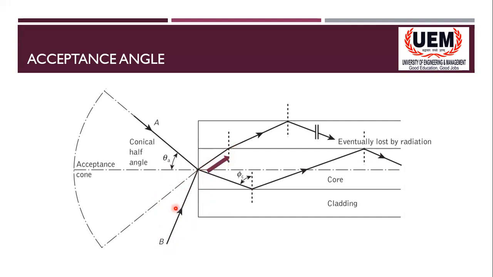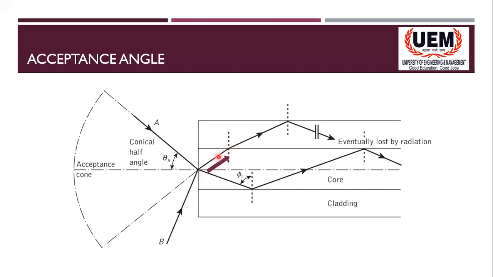But since this light ray B has an angle greater than theta A, or is outside the acceptance cone, it does not achieve a critical angle when it meets the core and cladding edge.